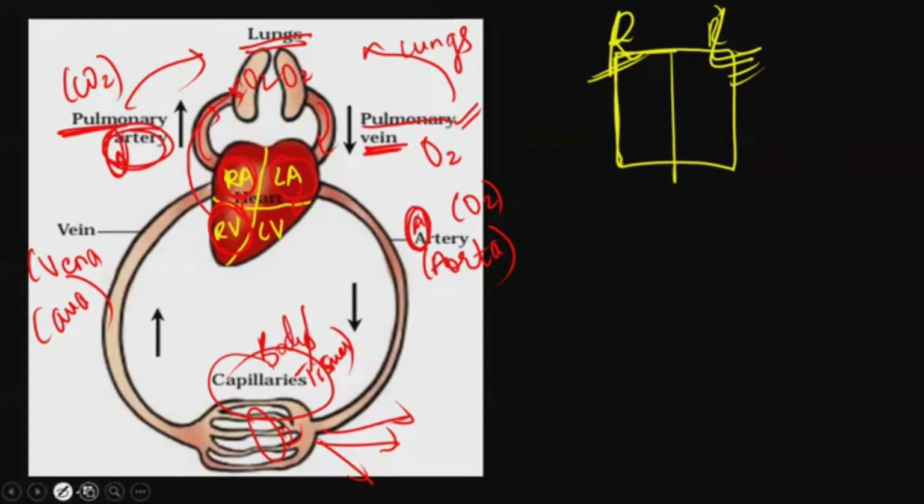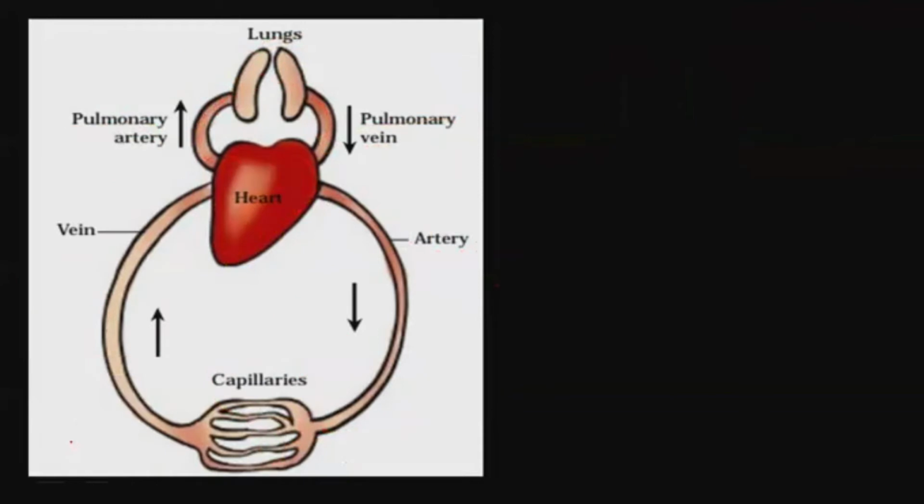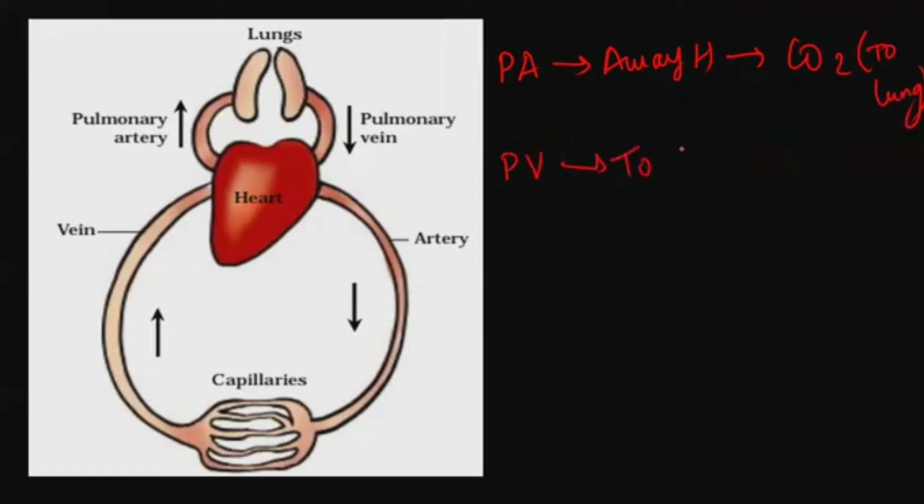So just to summarize this entire thing. Pulmonary artery, away from the heart, but it carries deoxygenated blood to the lungs. Pulmonary vein, it carries blood to the heart. It is oxygenated, from the lungs.